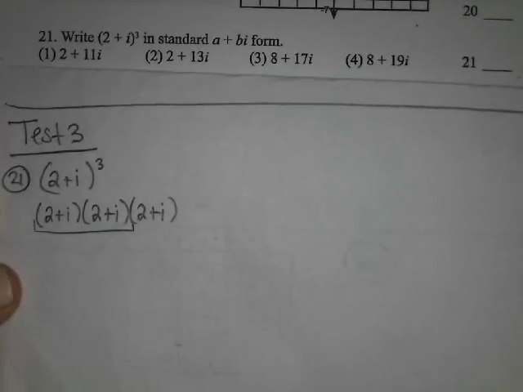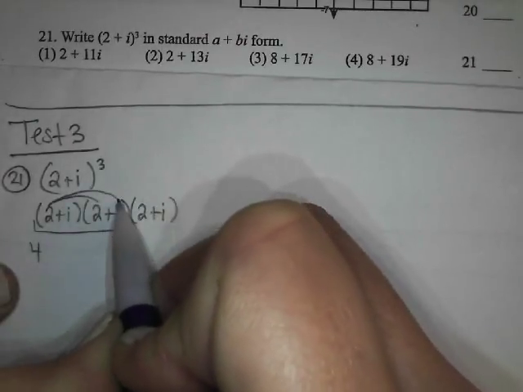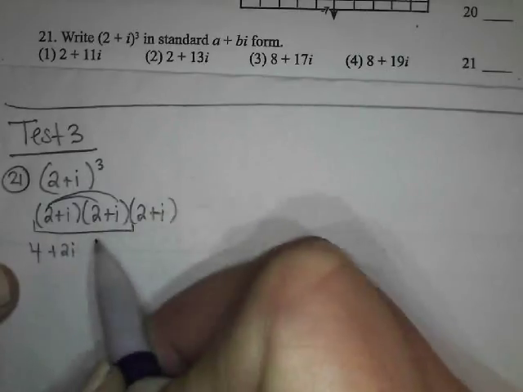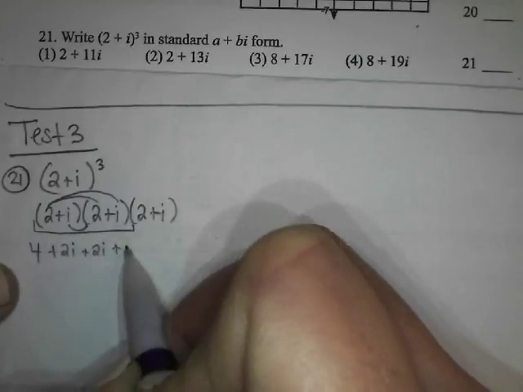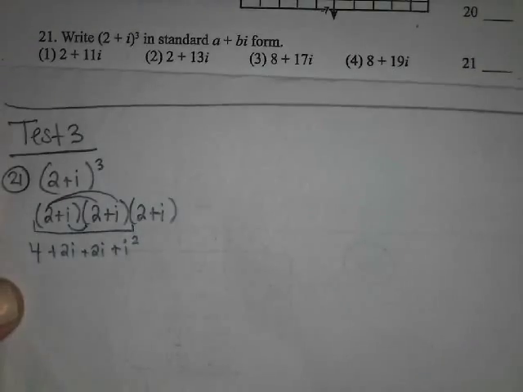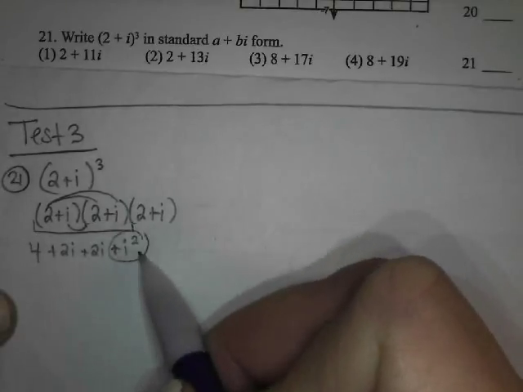So, 2 times 2 is 4, plus 2i, plus another 2i, plus i squared. Tell me, what do you know about i squared? It's negative 1.